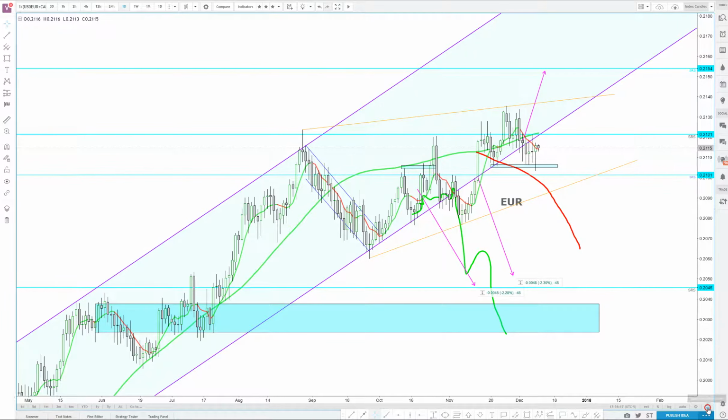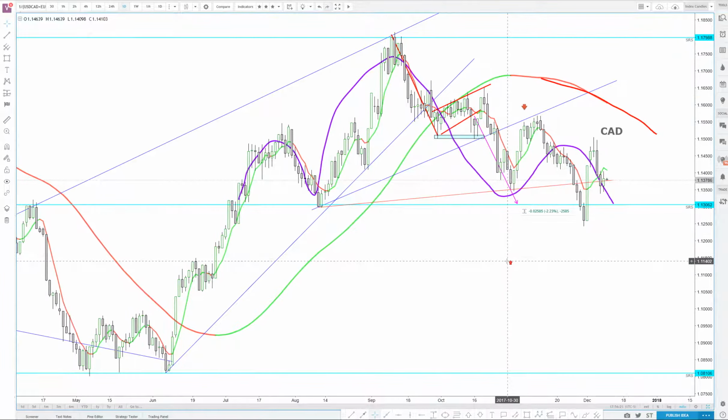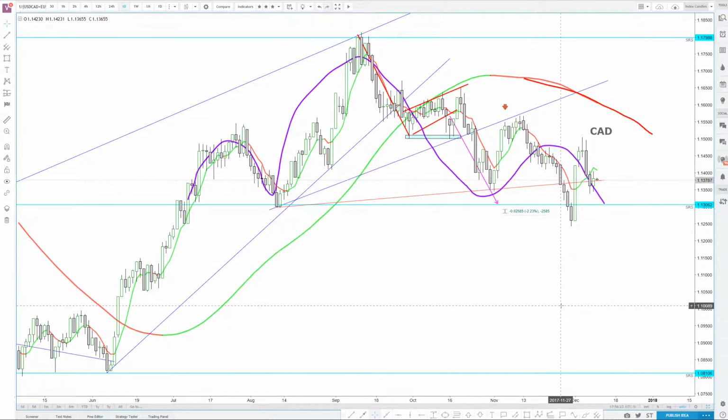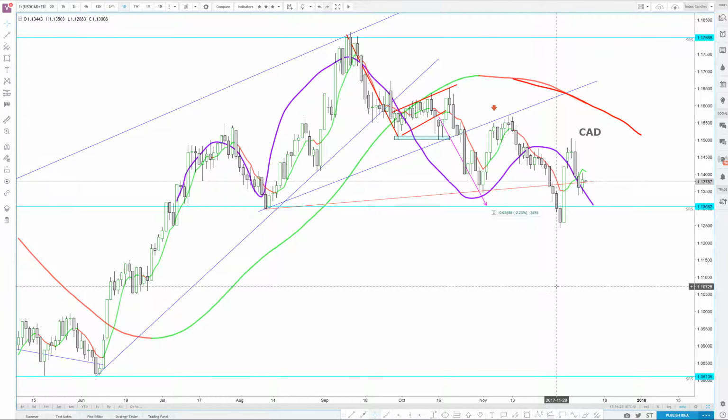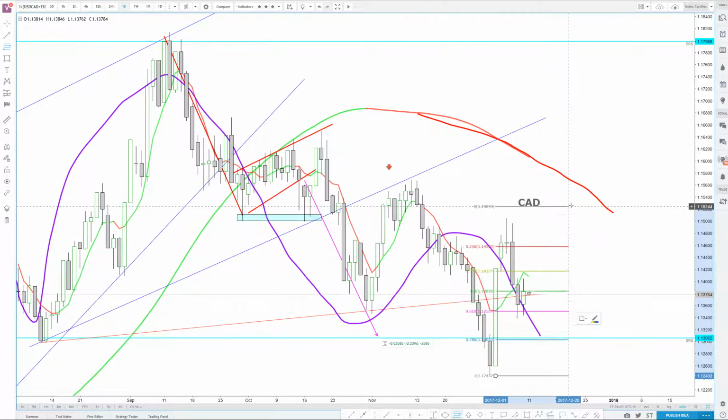Let's look at Canadian dollar. Canadian dollar, I'm still looking for it to go up. We had this big move up. Now we had a pullback to about 50%, maybe even 618. Let me throw in a Fibonacci on there, see where we are.